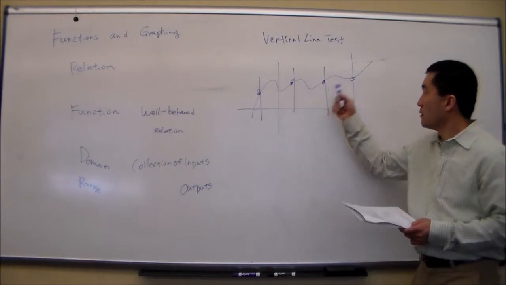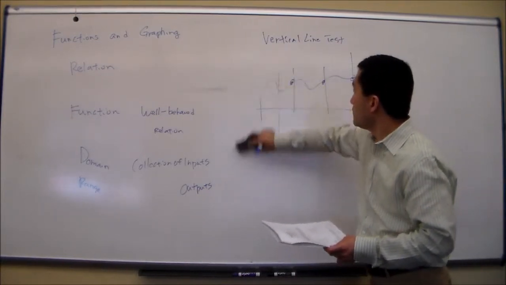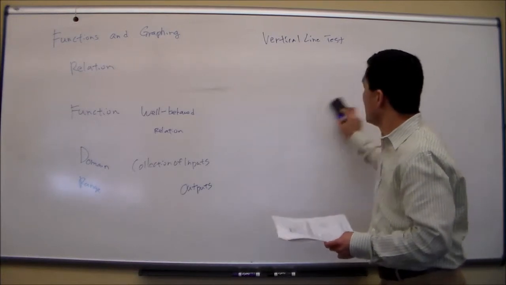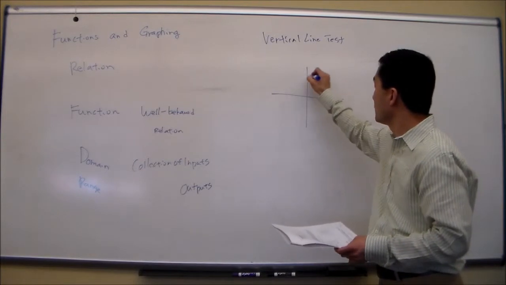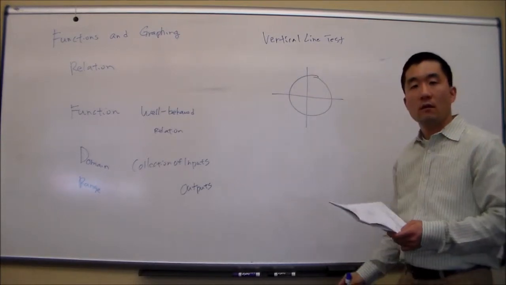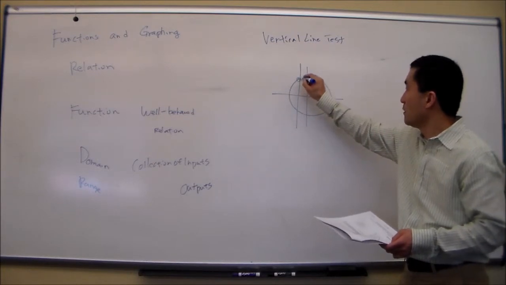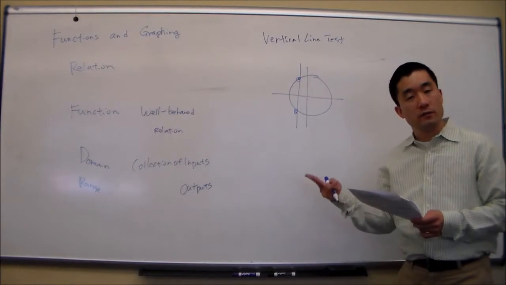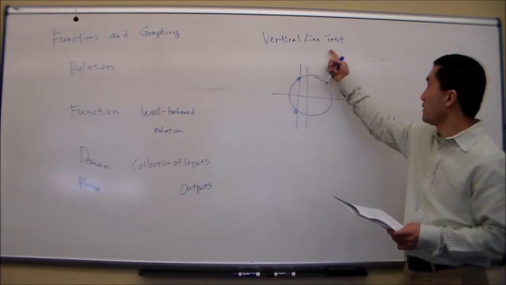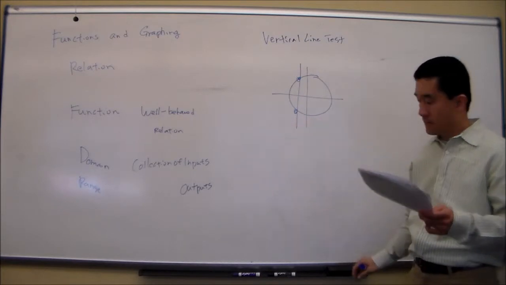So this graph represents a function. How about if it's a circle? Well, in this case, no, it's not a function, because if I draw a vertical line, say here, the vertical line touches the graph twice. That violates the vertical line test criteria. So this is not a function.